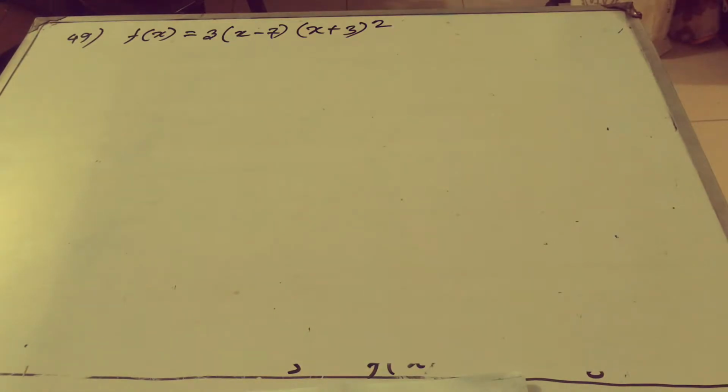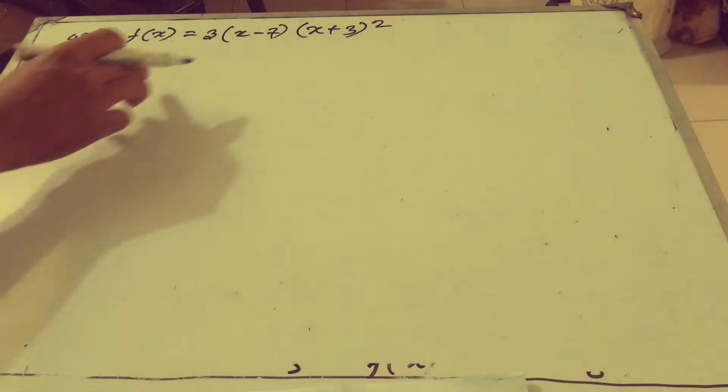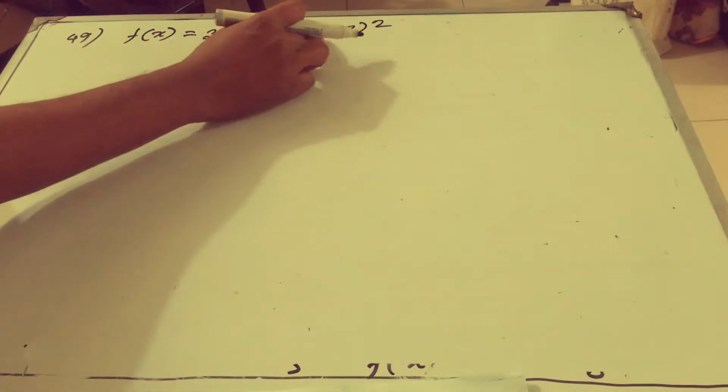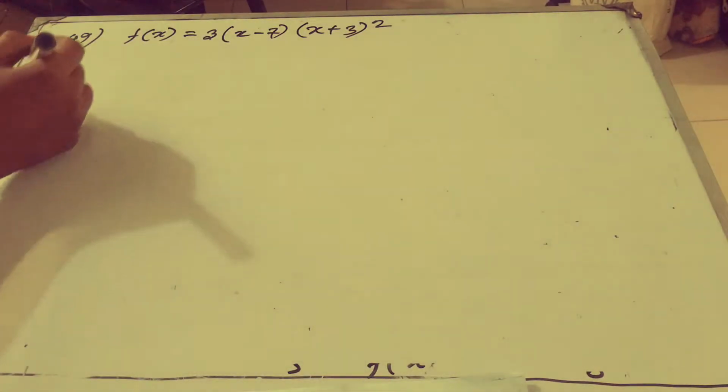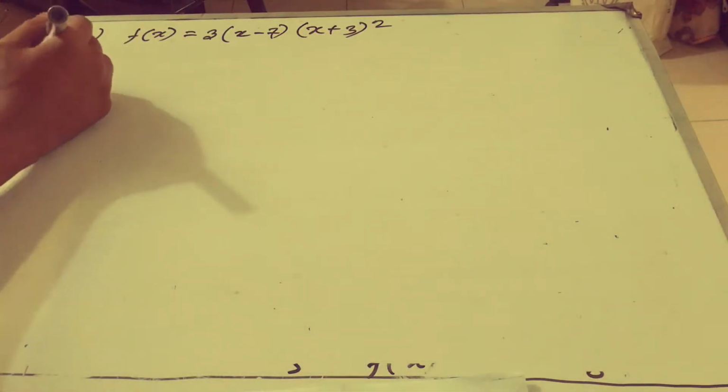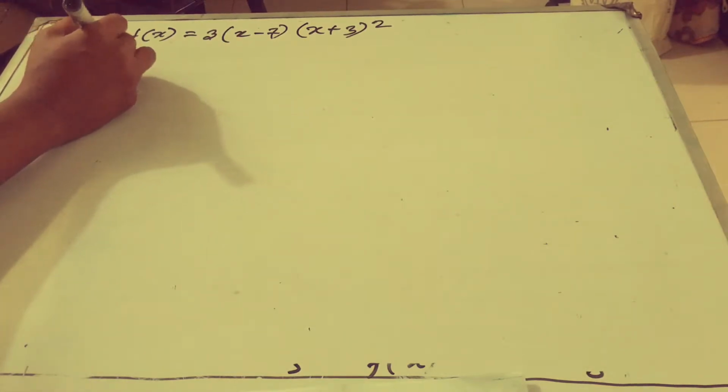This is our given function, and the first question is: list each real zero and its multiplicity. So we have to find the real zeros, and we have to find for which values this function becomes 0.